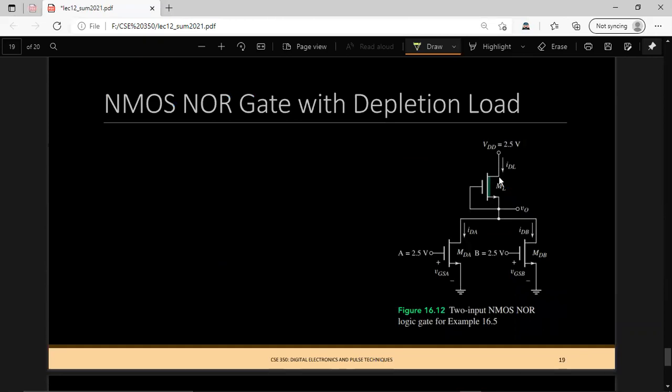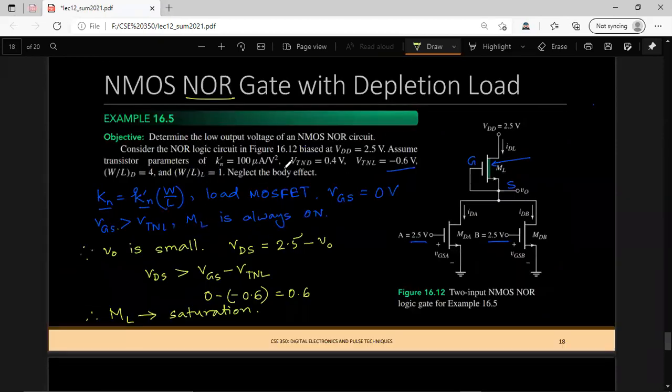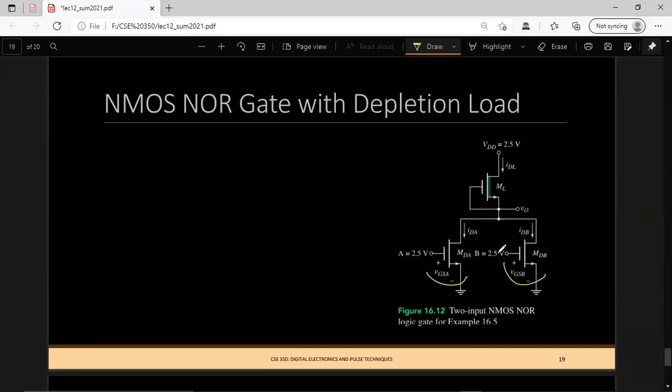These two transistors, two MOSFETs, are identical, because they both have identical inputs and the other parameters are equal. So we can just multiply this current by 2 to equate this formula.